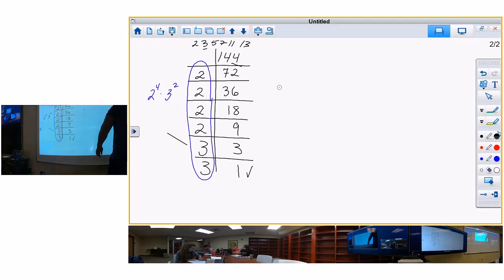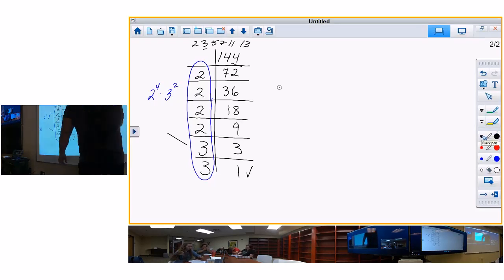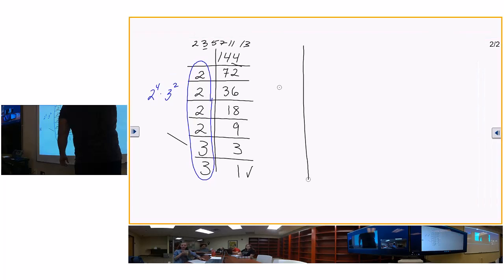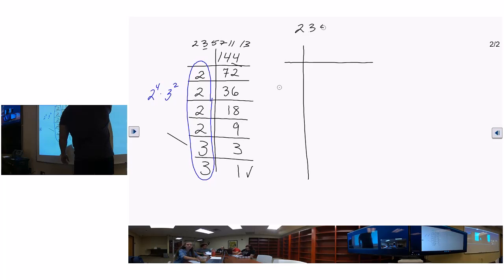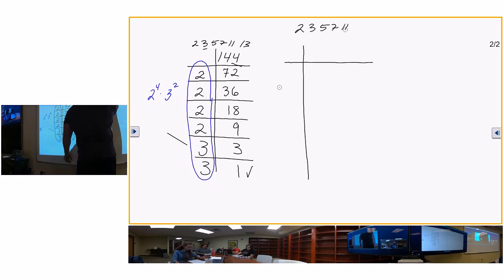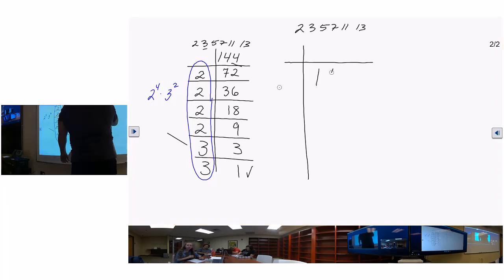Let's do another. Let's draw my tree, or my 2, 3, 5, 7, 11, and sometimes 13. 169.